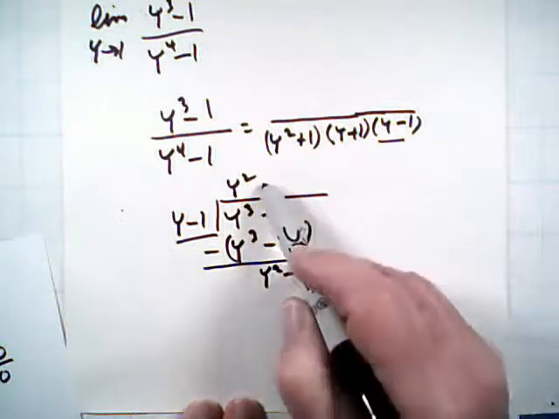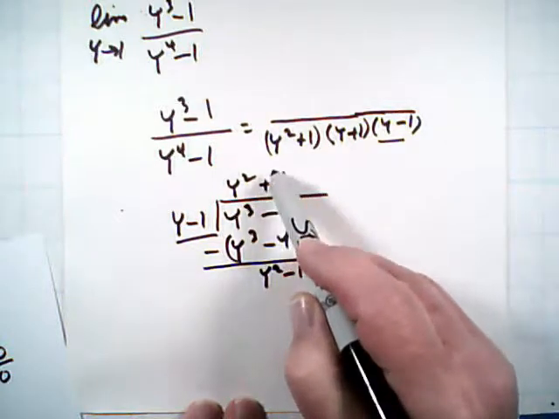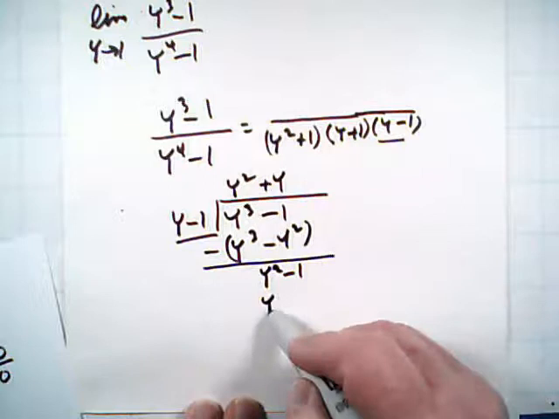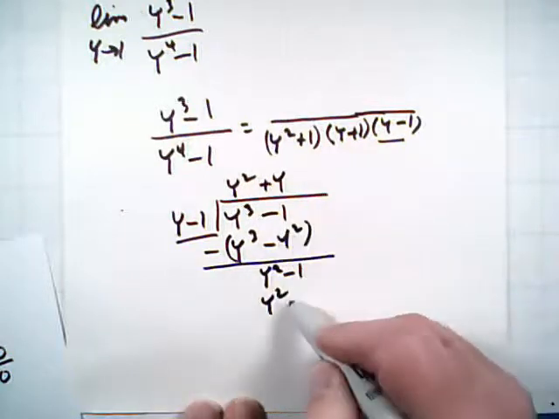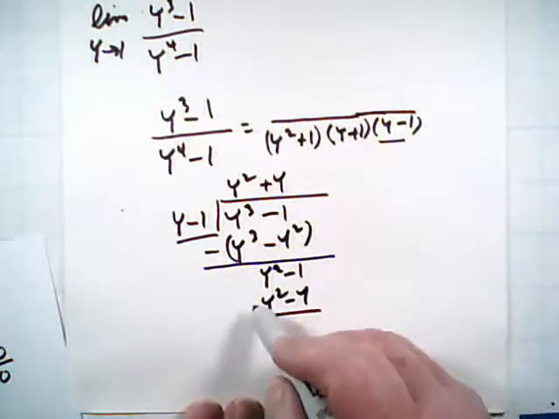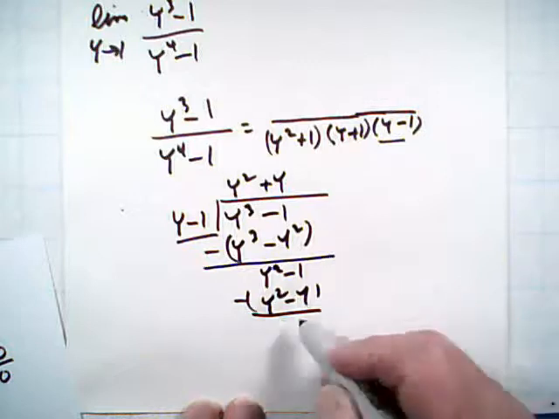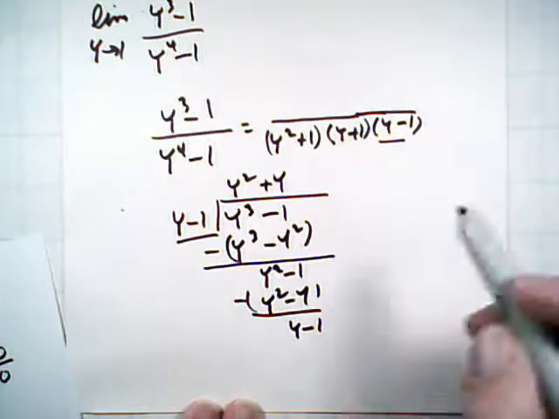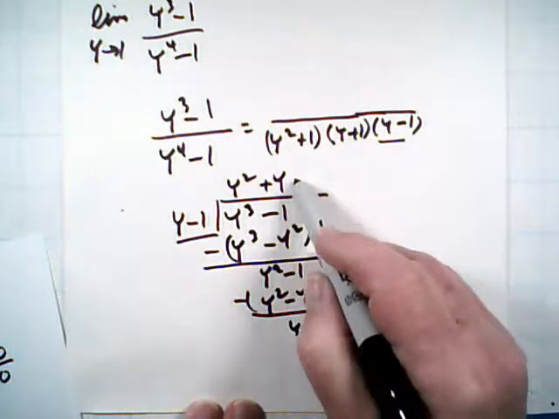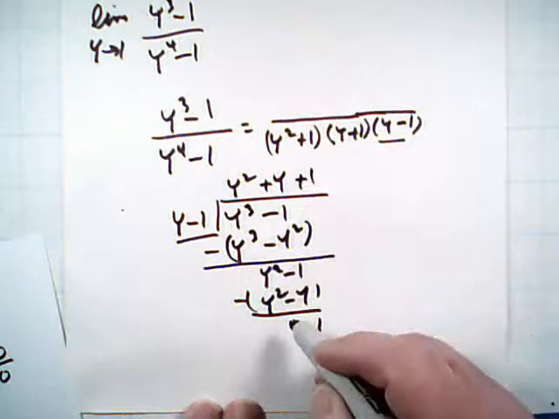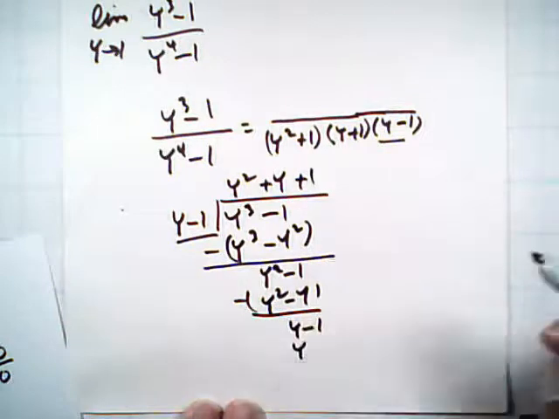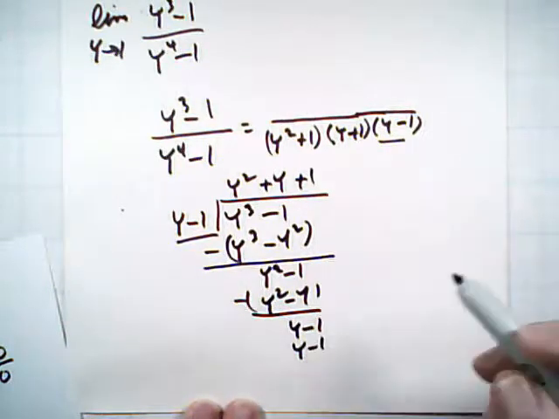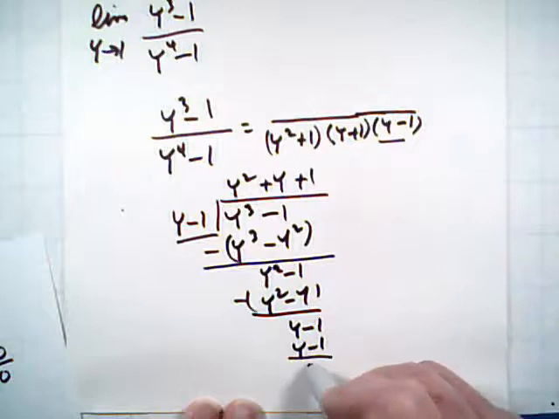Y into y squared goes y times. y times y is y squared, y times minus 1 is minus y, and we subtract that, the y squared drops out, and we get y minus 1. Y goes into y one time, 1 times y is y, 1 times minus 1 is minus 1, and the result of that subtraction is 0.